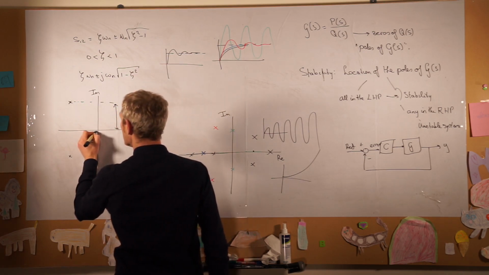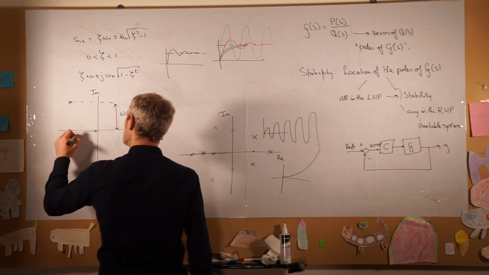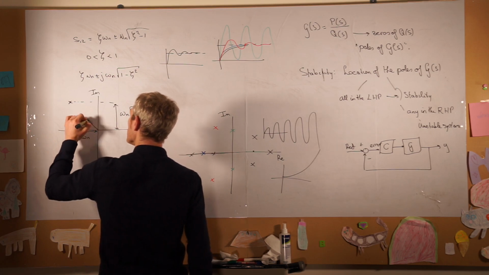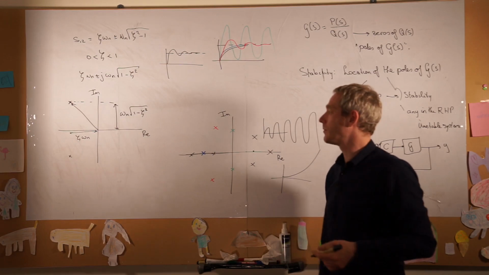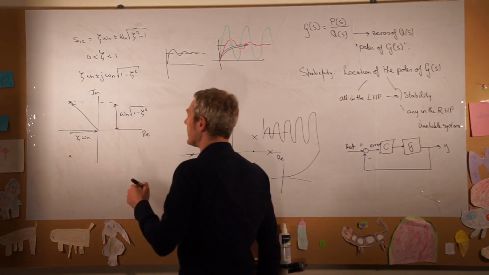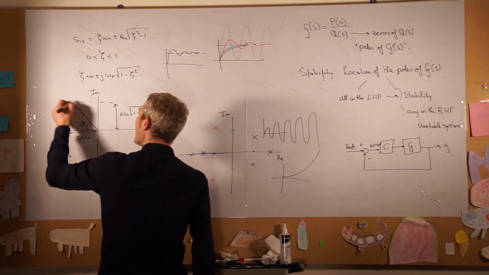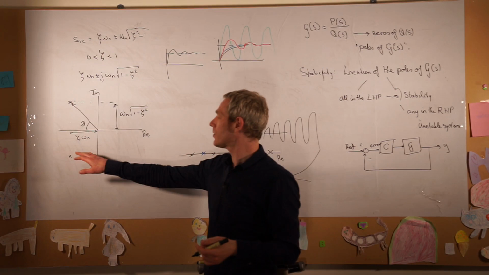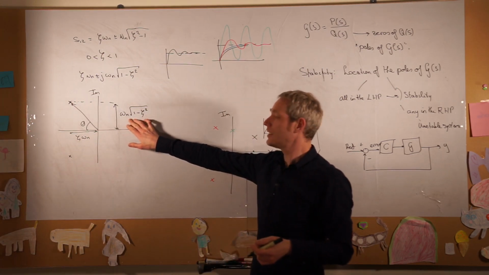And the distance here is zeta times omega n. And we can draw a vector to this point, as we do sometimes with complex numbers. Now, if we take this angle zeta and the length of this vector, well, we can calculate the length of this vector because it's the square root of this term squared plus this term squared.